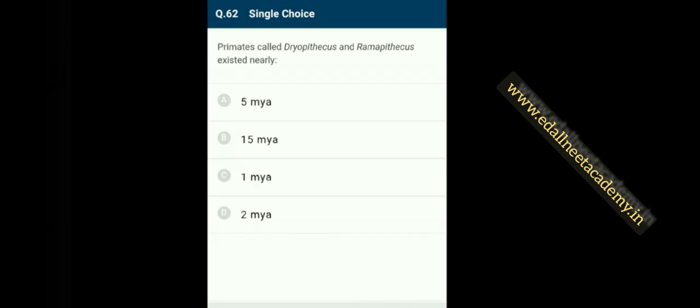Dryopithecus and Ramapithecus were early primates in the evolution of man and were present about 15 million years ago. Dryopithecus inhabited the European region, having forelimbs longer than hind limbs. They resembled apes more. Ramapithecus, which inhabited India, had forelimbs smaller than hind limbs. They resembled man more. So the answer is option B, 15 million years ago.